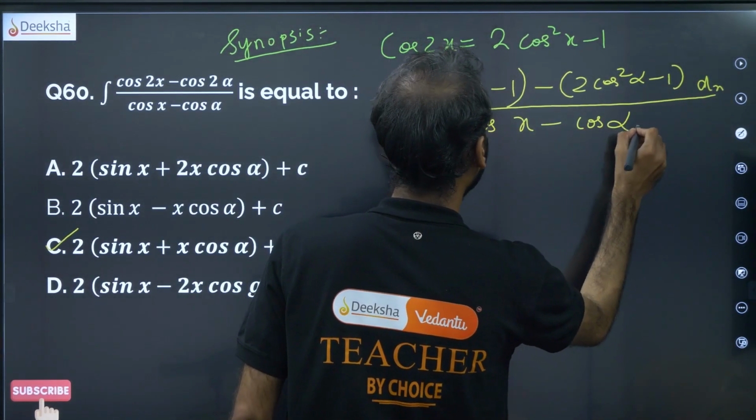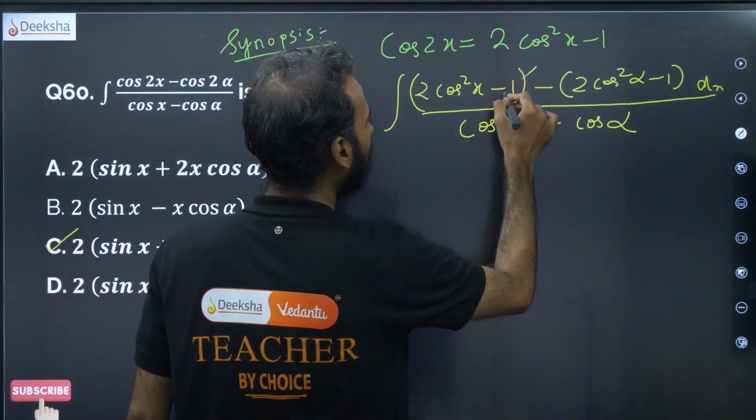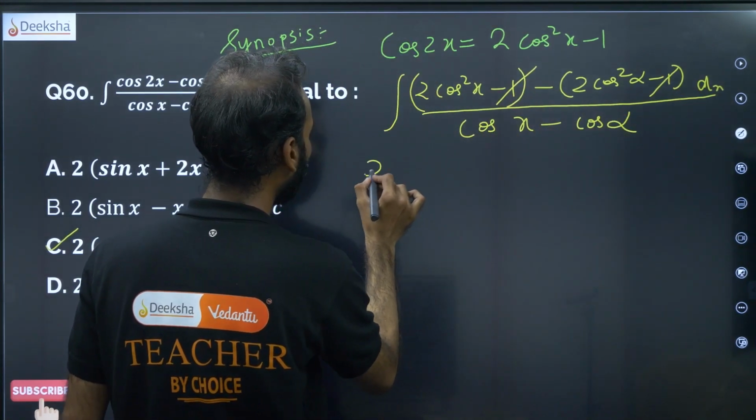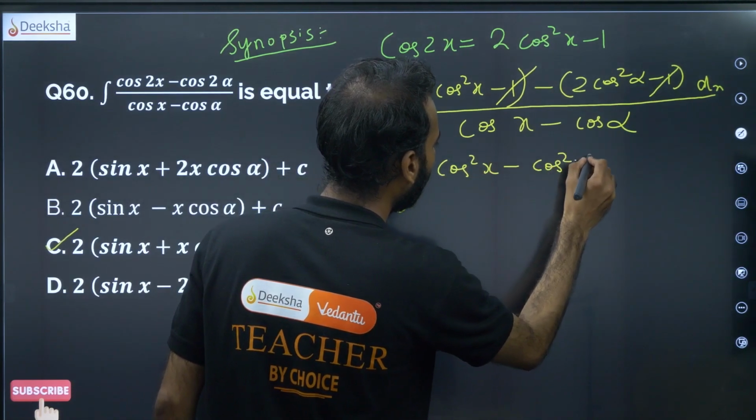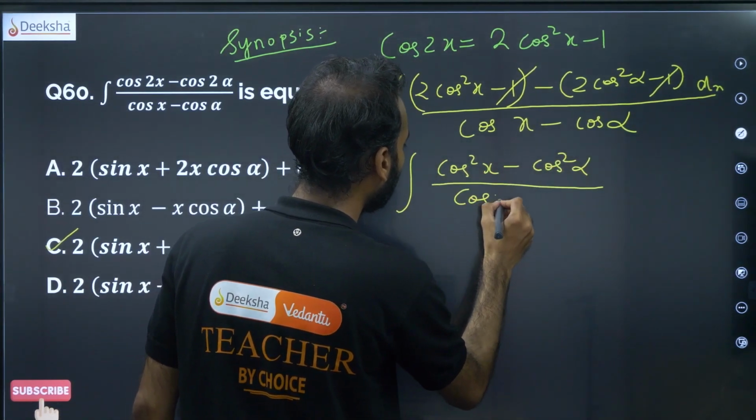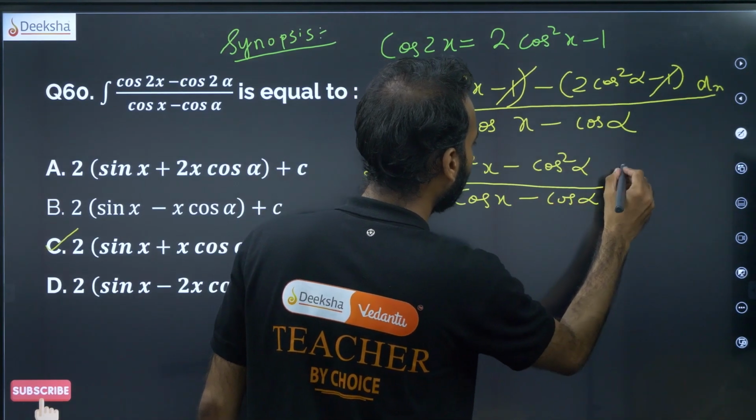minus cos alpha. So minus 1 and plus 1 will get cancelled. 2 if I take out, cos square x minus cos square alpha is left, by cos x minus cos alpha, dx.